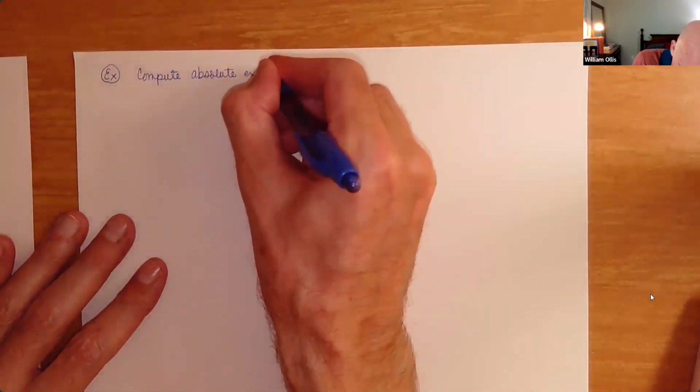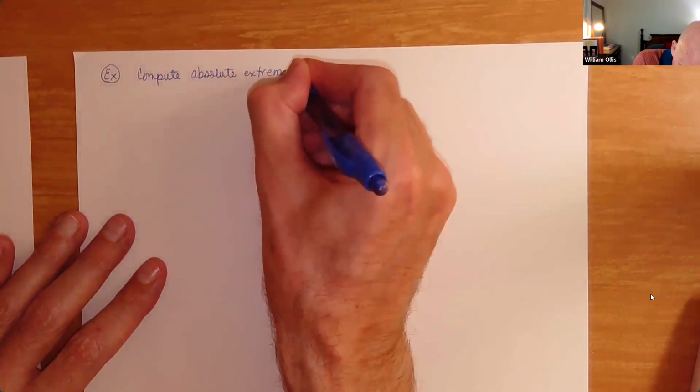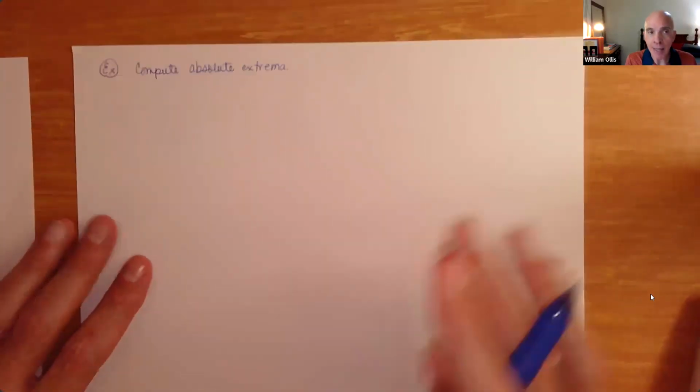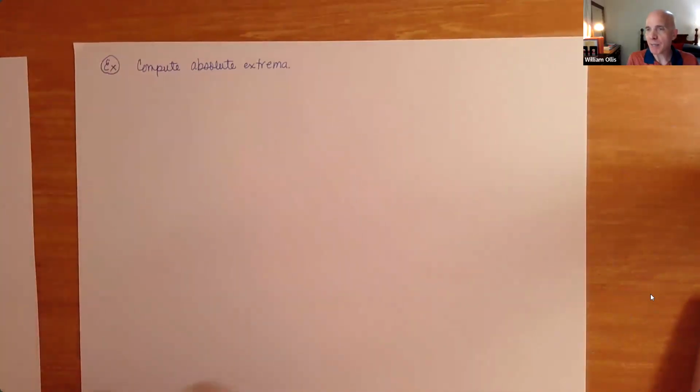So this is the way the author of a textbook can say, find the max and the min, but not confuse you with relative. They could say compute relative extrema, or they can say compute absolute extrema. Remember, the absolute may not necessarily exist, but if the problem says compute absolute extrema, they will exist.